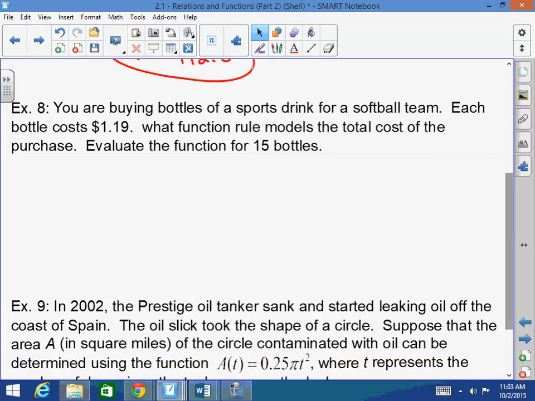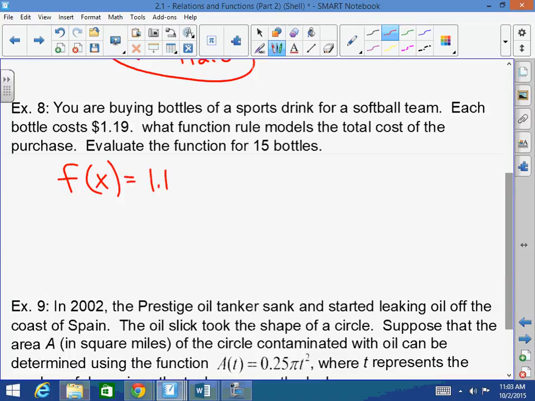Number 8. You are buying bottles of a sports drink for a softball team. Each bottle costs $1.19. What function rule models the total cost of the purchase? Evaluate the function for 15 bottles. Well, f of x, the function, equals $1.19 for every bottle of sports drink x.